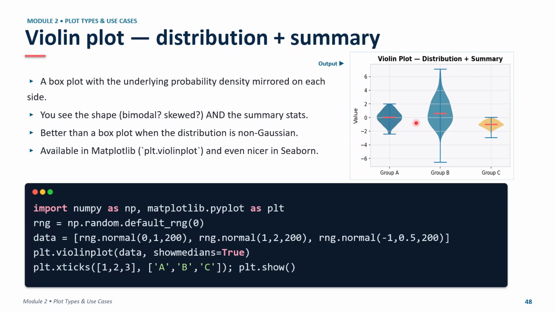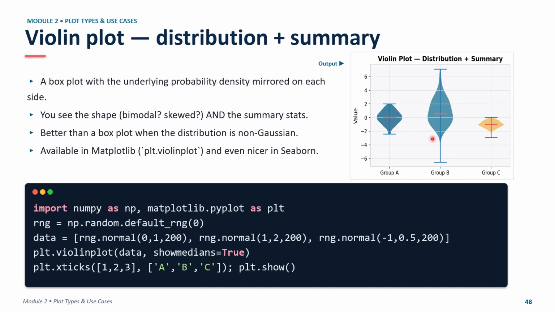So the wide section means that many data points are there, and the narrow section means that there are only very few data points. Here in group B you can see a narrow section and a wider section.